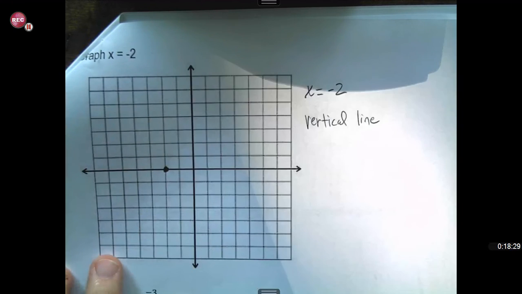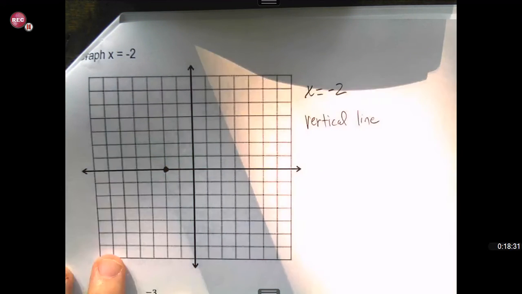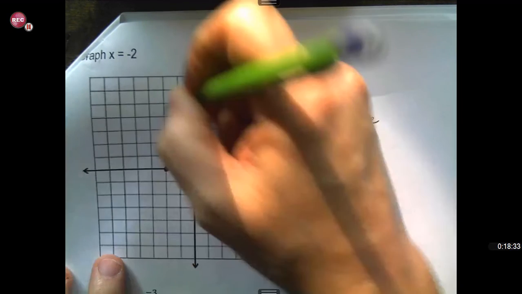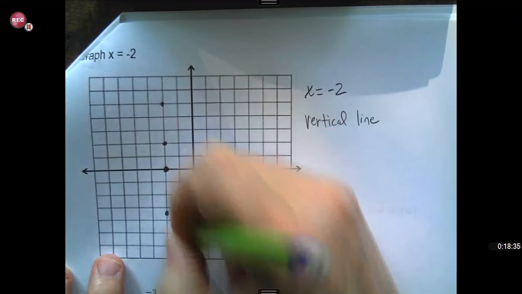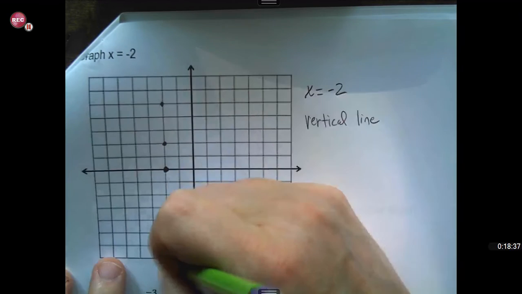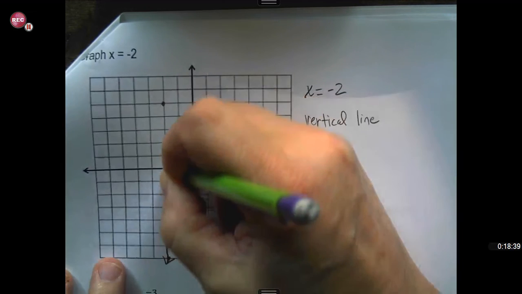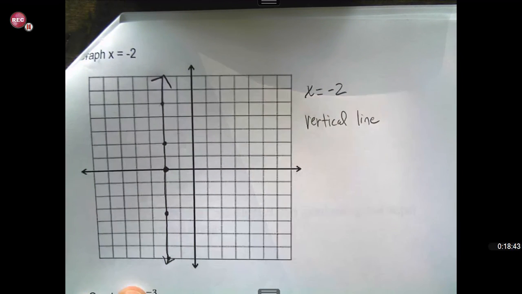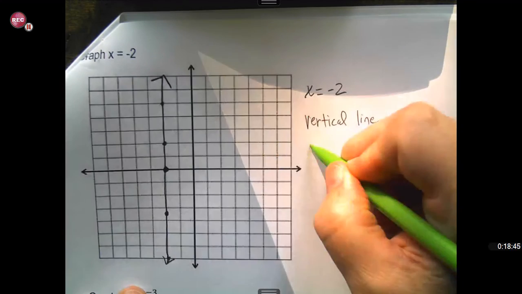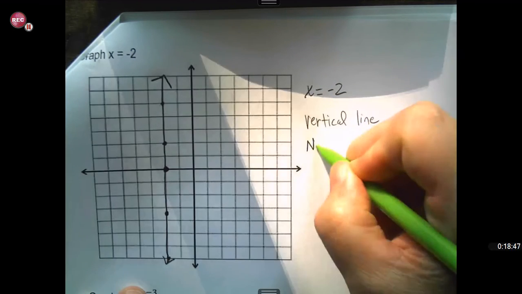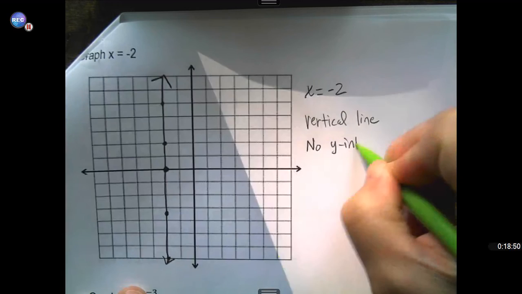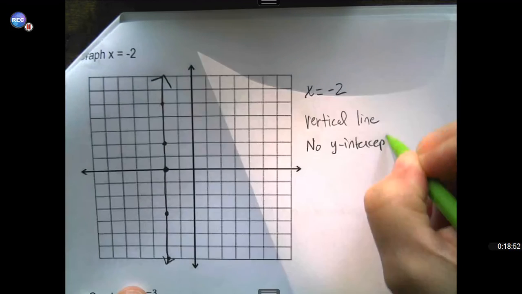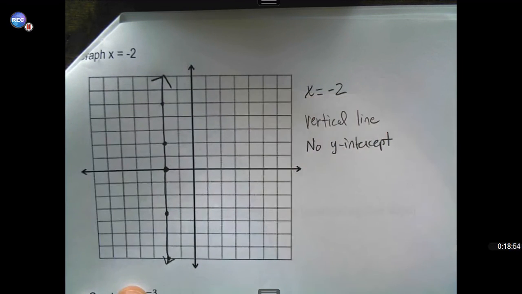And no matter what y is, x is negative 2. X is negative 2 here, and here, and here, and here. And so it is this vertical line through negative 2 on the x-axis. There is no y-intercept. And where does that cross the y-axis? It does not. There is no y-intercept.